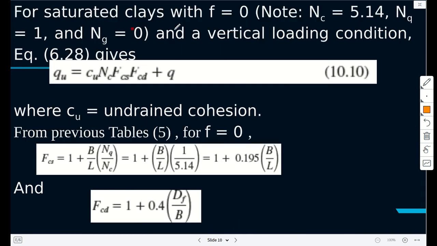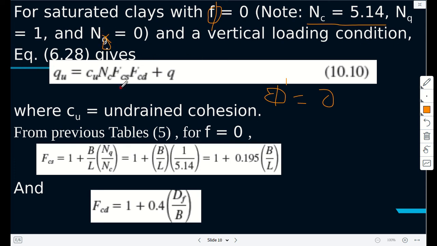So for saturated clays, this should be phi, actually phi prime. Phi prime is 0. So for saturated clays, phi is 0. Then for Terzaghi, Nc is 5.14, Nq is 1, and N gamma is 0, with the vertical loading condition.